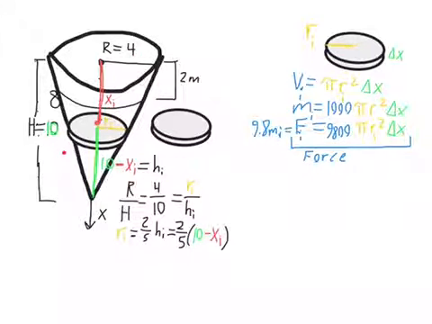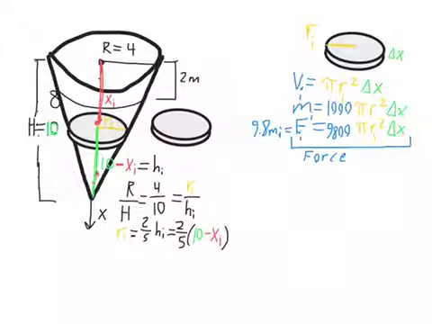So, first of all, let's think back to this essentially cylinder we would have if we were to get rid of everything above it. So we get to this disk, and this disk has some radius we haven't calculated an expression for yet, and it has some height.